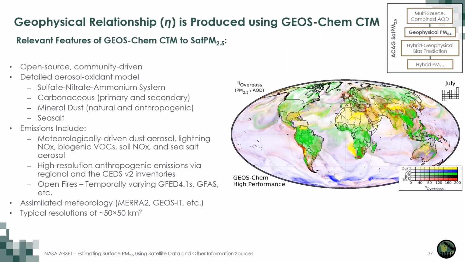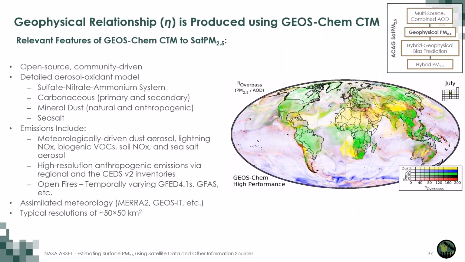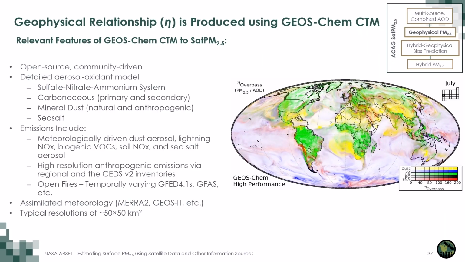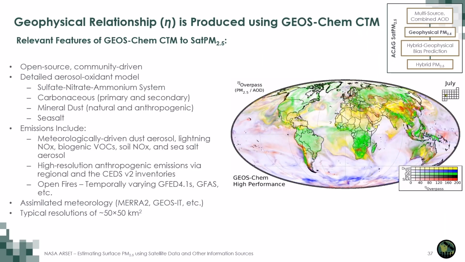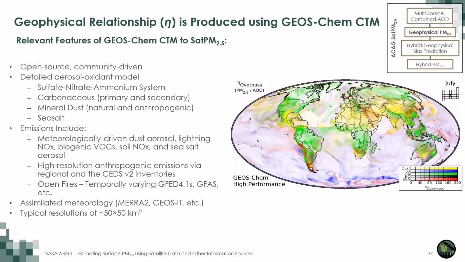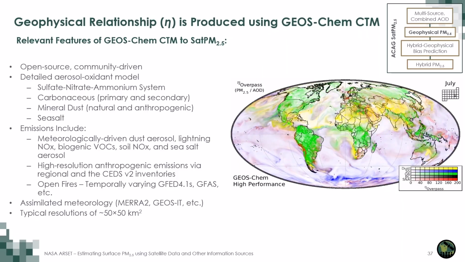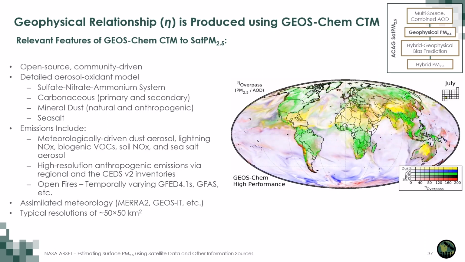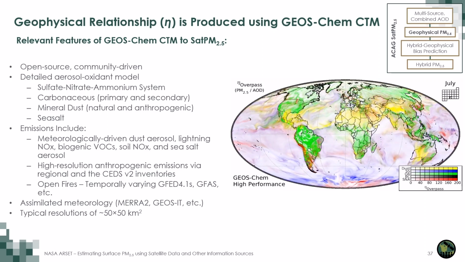This allows us to include developments specific to our needs, such as recent developments in mineral dust emissions, or particular diagnostics that are well suited to ACAG itself. GEOS-Chem also boasts a detailed aerosol oxidant model, representing the inorganic sulfate, nitrate, and ammonium system, carbonaceous aerosols, and natural sources such as mineral dust and sea salts.